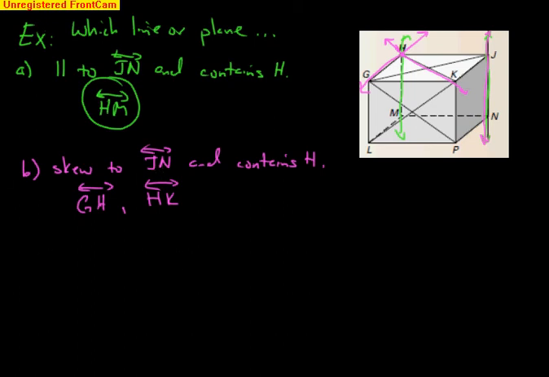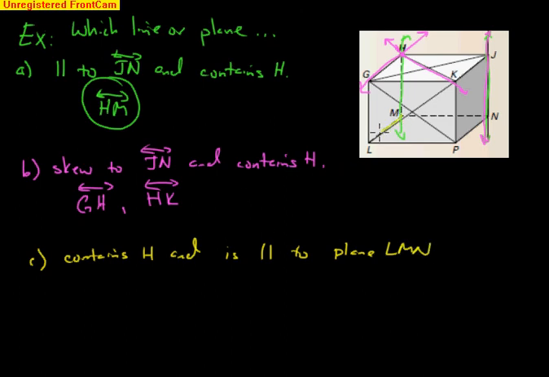Okay, so there's an example. Let's do one more with planes. I won't go down too far. One more with planes. I'll use yellow. So we want to name a plane that contains H and is parallel to plane LMN. All right. So where is LMN?